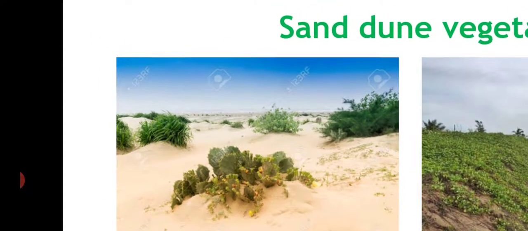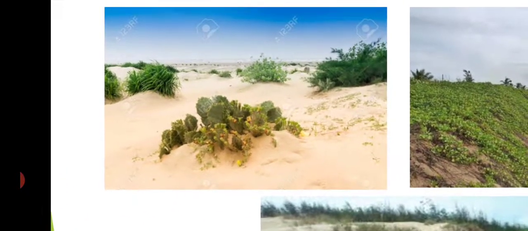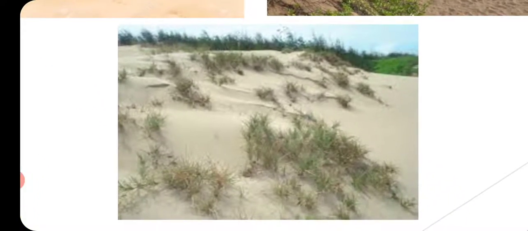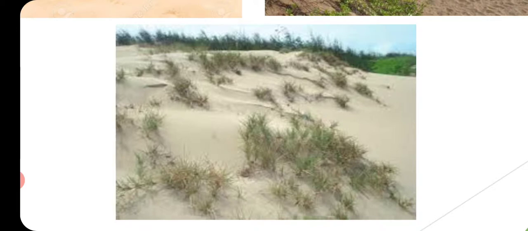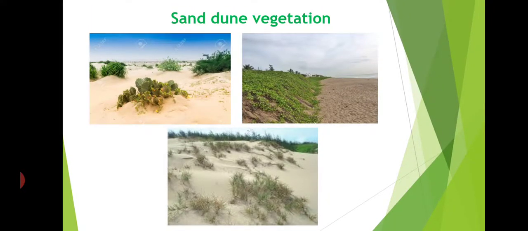And here we can see the desert climatic condition, it is very evident. Here we can see the cactus, and here and there some sparse production of grass, and these are the types of sand dune vegetation.